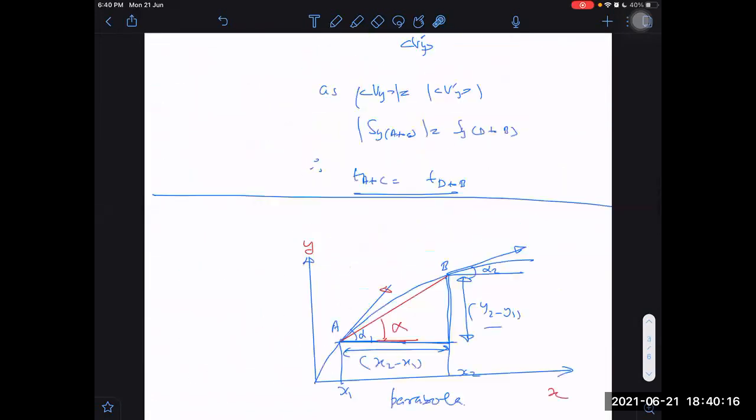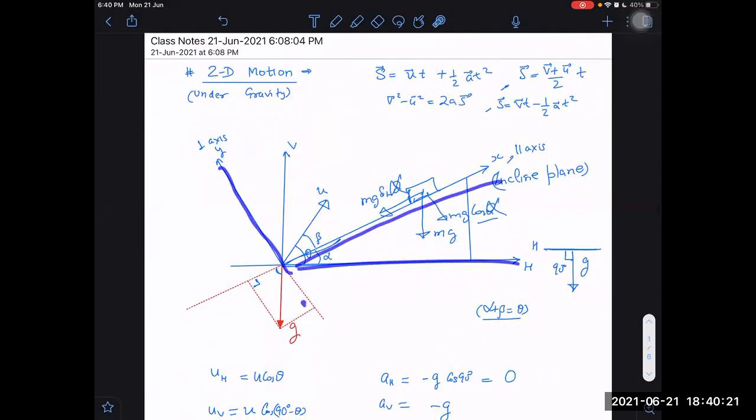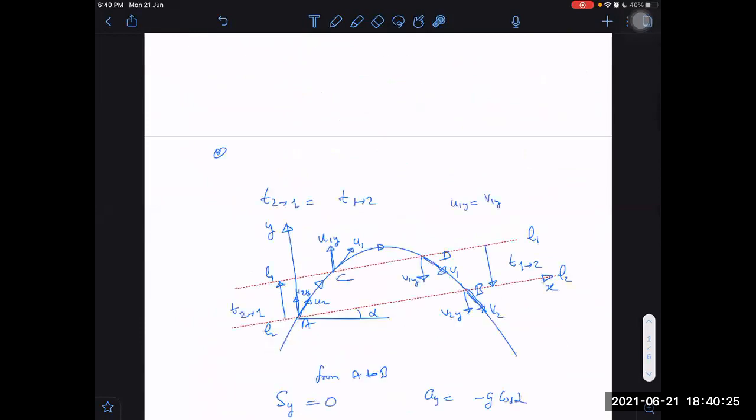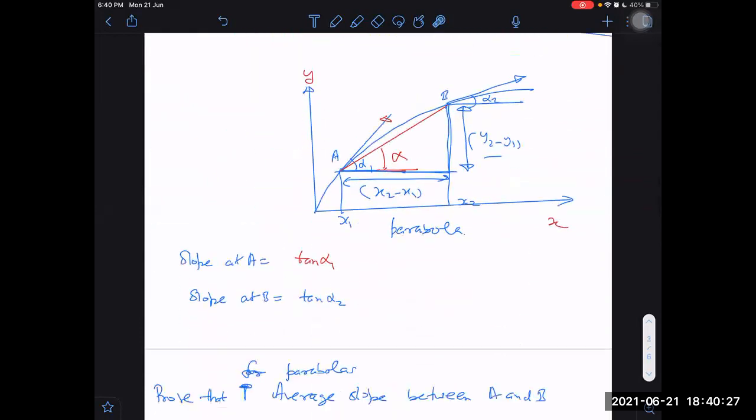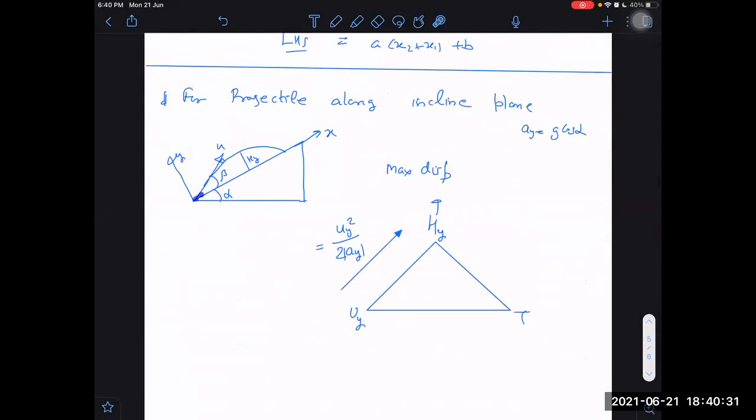This is the same diagram only. I made it early, quickly, because it is the same thing only. Have you attended this one or not? Yes, sir. Then it is the same only. What difference is there in this? I'm just doing it again. Alpha same, beta same, x same, y same, initial velocity same. Only one thing extra I have done: I have now made a path. What will be the path followed by the projectile?